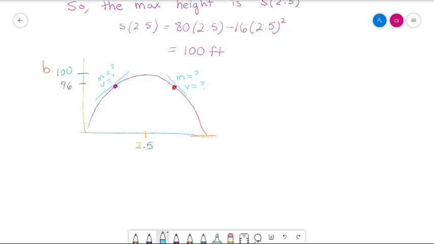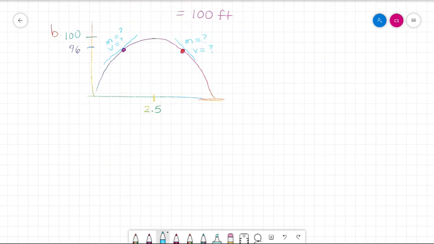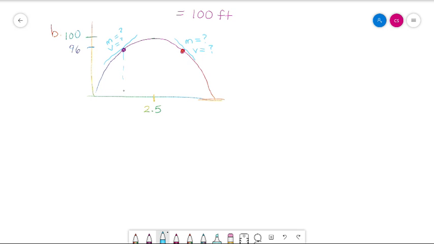Okay, so we know the velocity function. That's not a mystery. So we're going to have to figure out what value of t to plug in. We'll just call it t1 and t2. Once we know those times, then we can go up and plug it into our velocity function. All right, so let's get started.